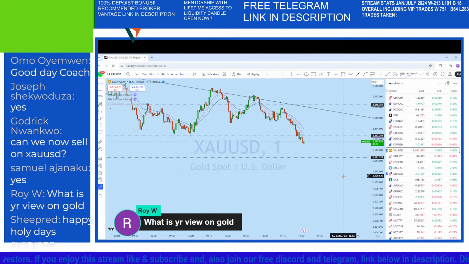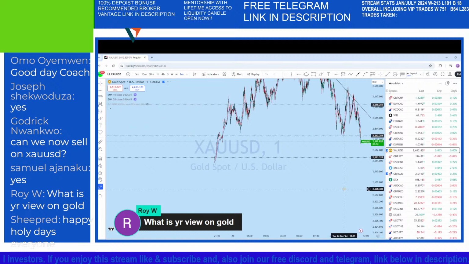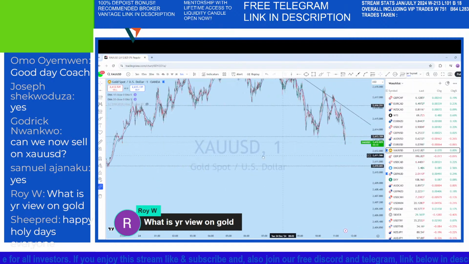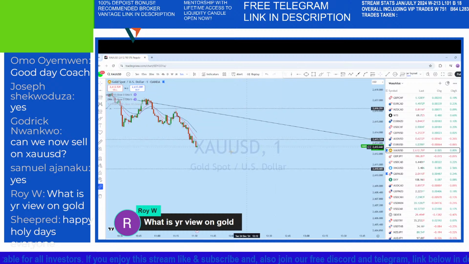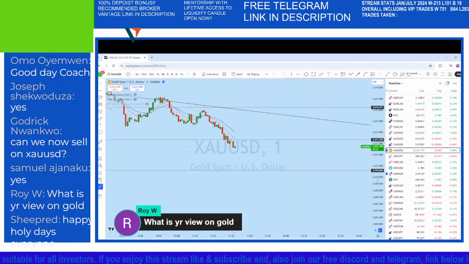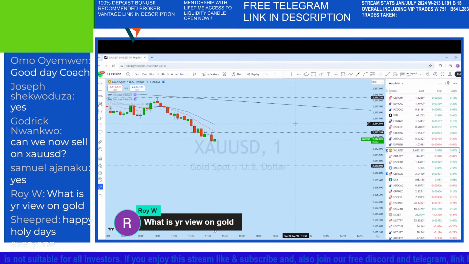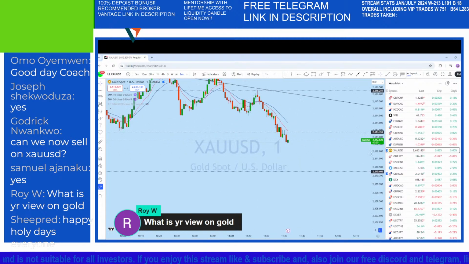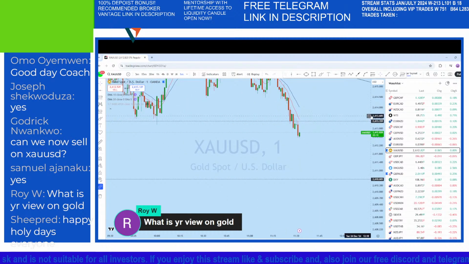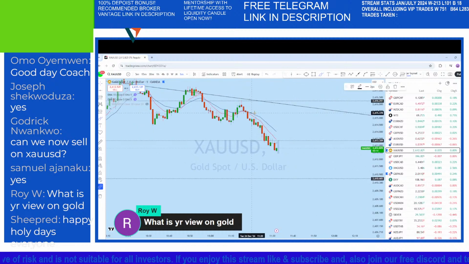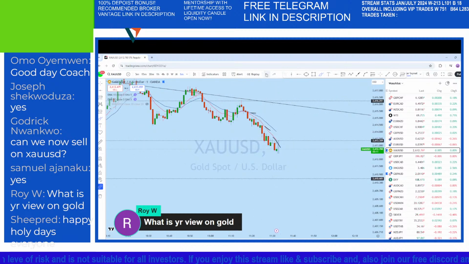It's in a downtrend at the moment, so there are a few zones that we can look at. You can see this is where the market is forming a series of lower highs.